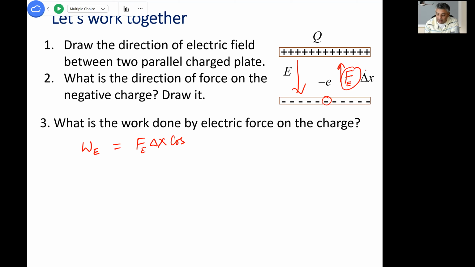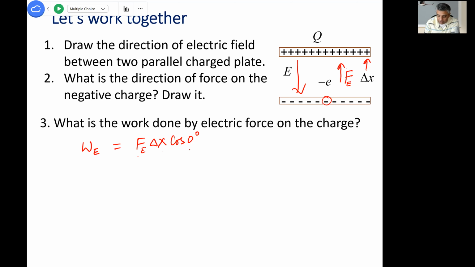In this case, I didn't show the direction of displacement. Let's assume it is the same as what we had in the previous slide. So force and displacement are in the same direction, which means the angle between them is 0 degrees. So cosine 0 is positive 1, right?